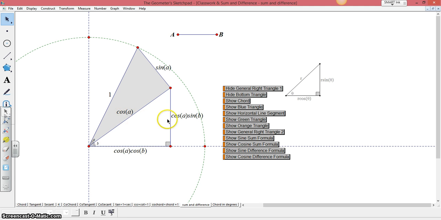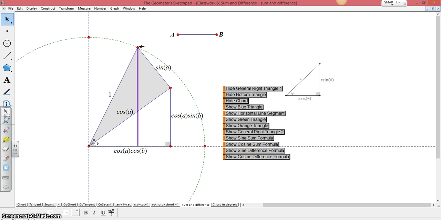So then we know that because of r sine theta, it is now cosine alpha times sine beta. Then we look at this side of our triangle, a side of cosine alpha, which is our hypotenuse, and times our side, which is cosine of beta.